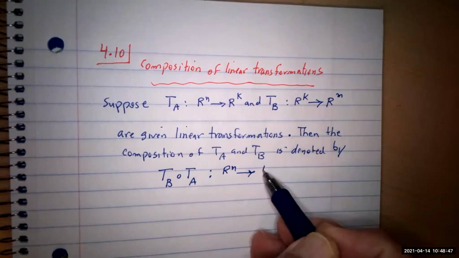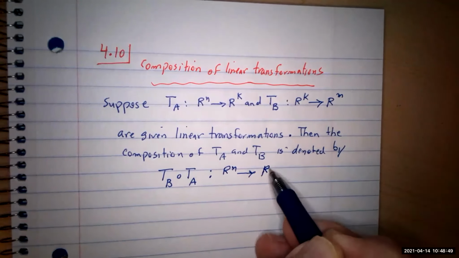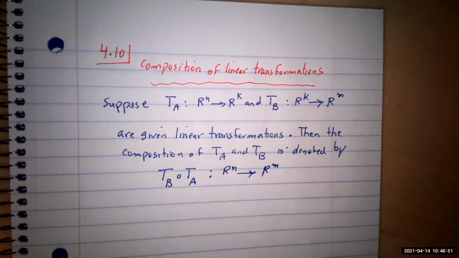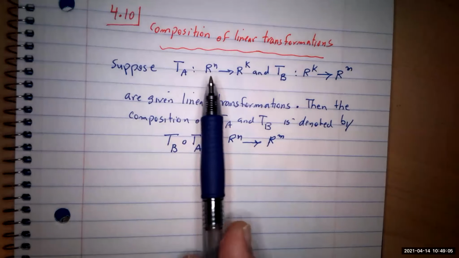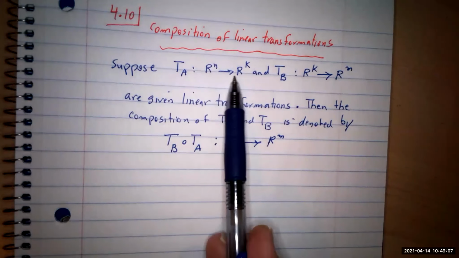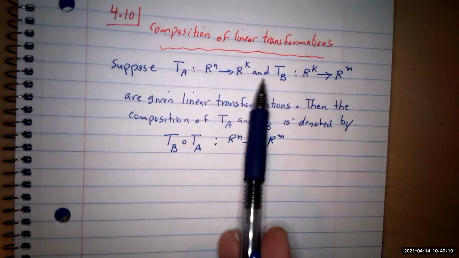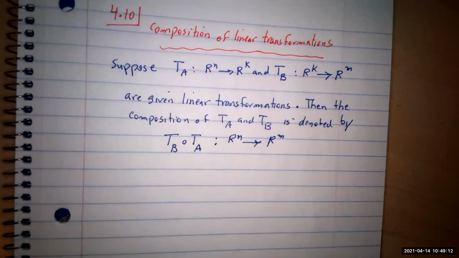So this is going to be a linear transformation between Rn and Rm, like the one that you do with functions. The composition of two functions: the inside function is TA, so you apply TA first from Rn to Rk, and then you continue. That takes you to Rm.